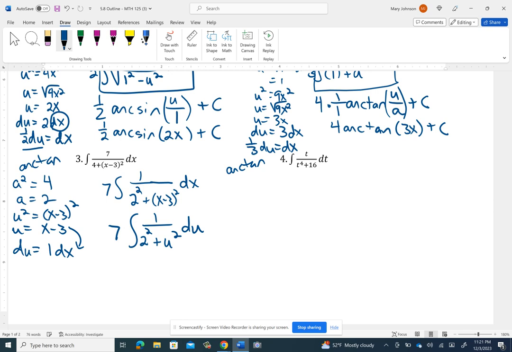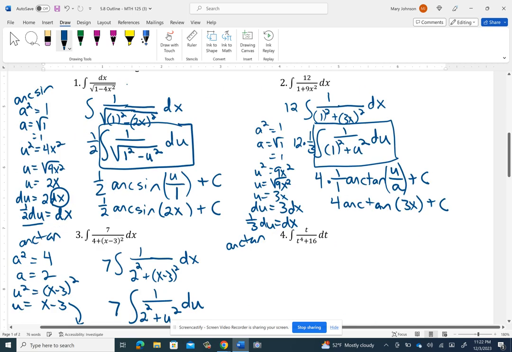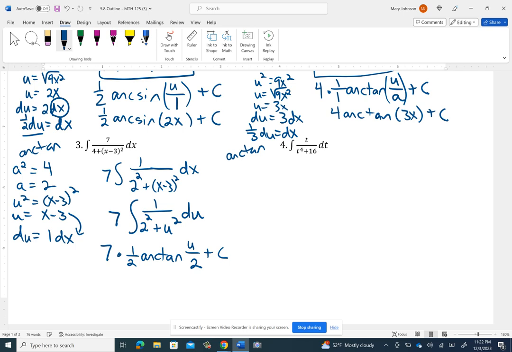All right, now it looks like the arctan formula. So the arctan formula tells you, just pull the formula, take a glance at it, see how it says to do 1 over your a, and your a is 2. Do arctan of u over your a, which is 2, plus c, and don't forget about the 7 constant that you had.